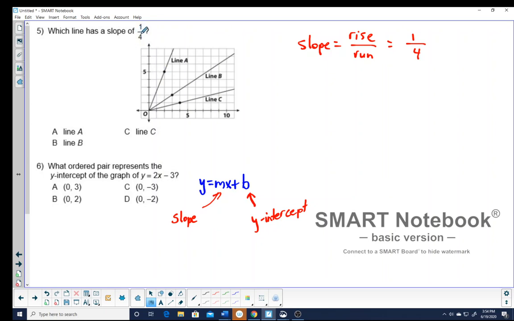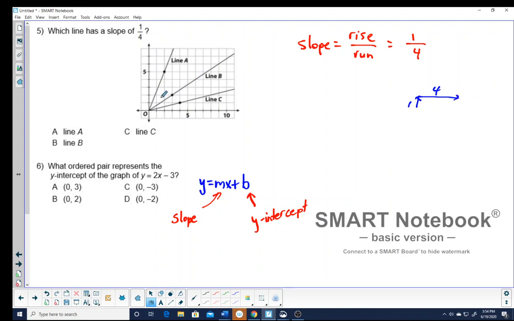5, what's the slope? Which line has a slope of 1/4? Remember, slope is rise over run. So if it has a slope of 1/4, that means the rise is 1, the run is 4, so that means go up 1 and over 4. Right?